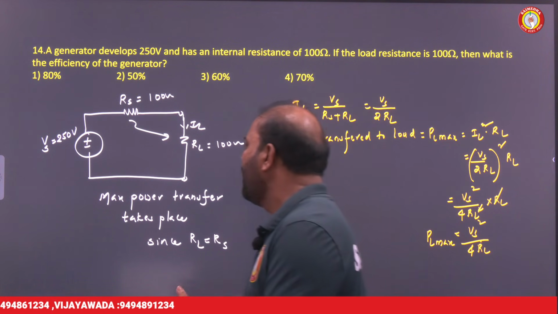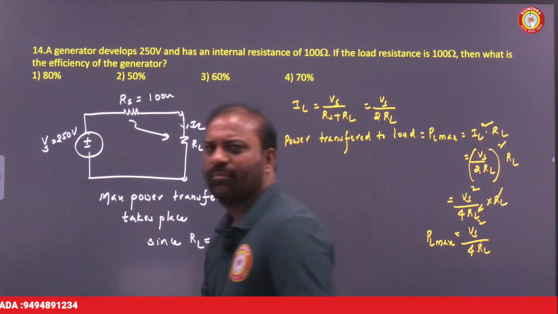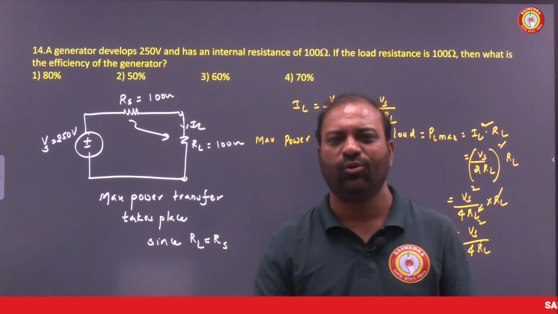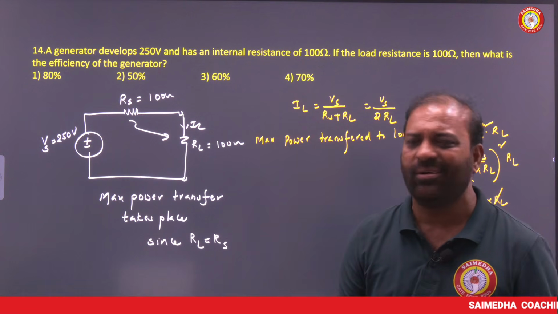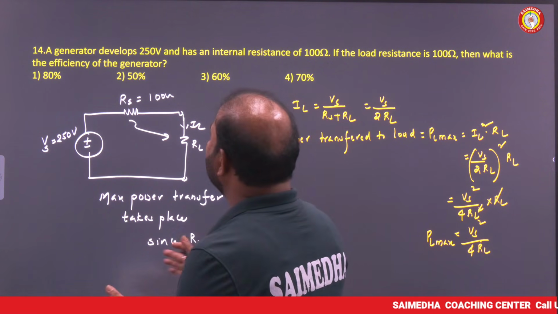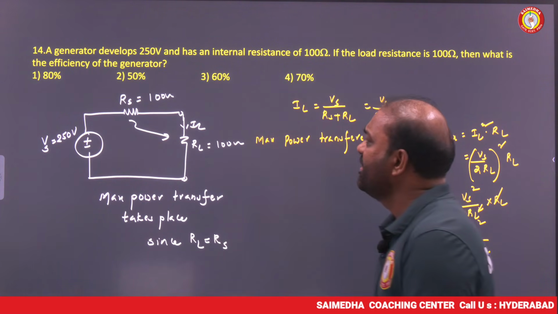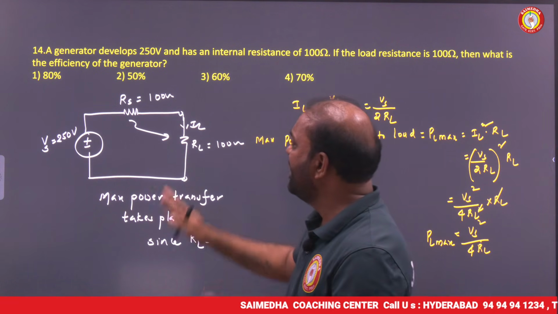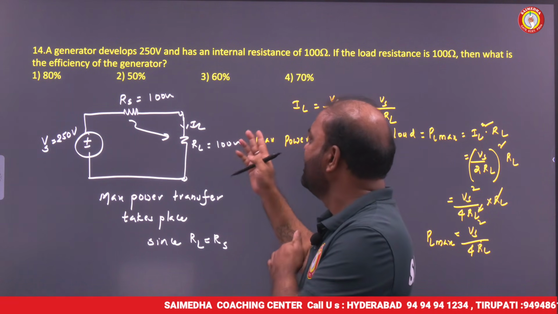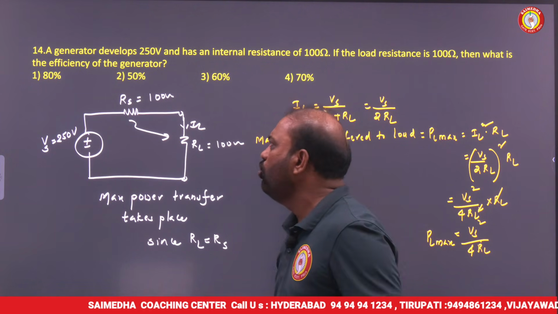Then what is the actual power delivered by the source? We are going to find out the efficiency of the maximum power transfer theorem. Here the generator is transferring maximum power to the load because the load resistance is exactly equal to source resistance.